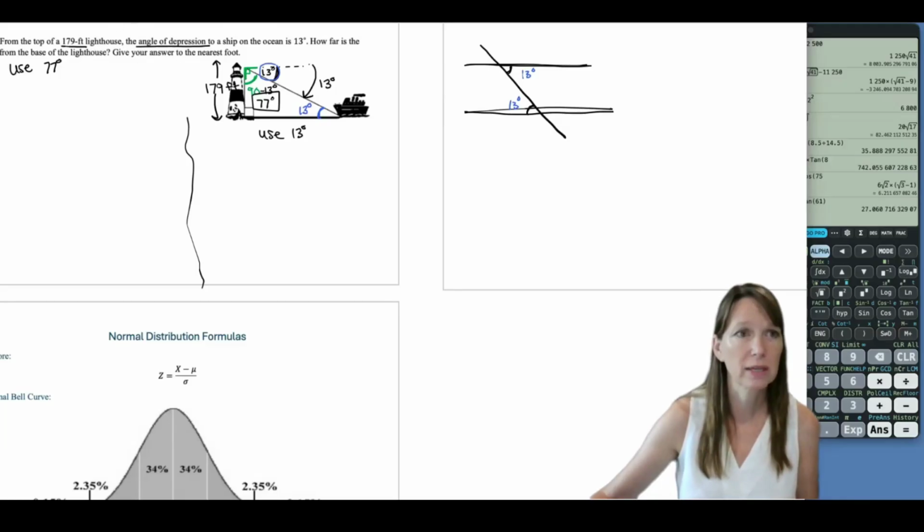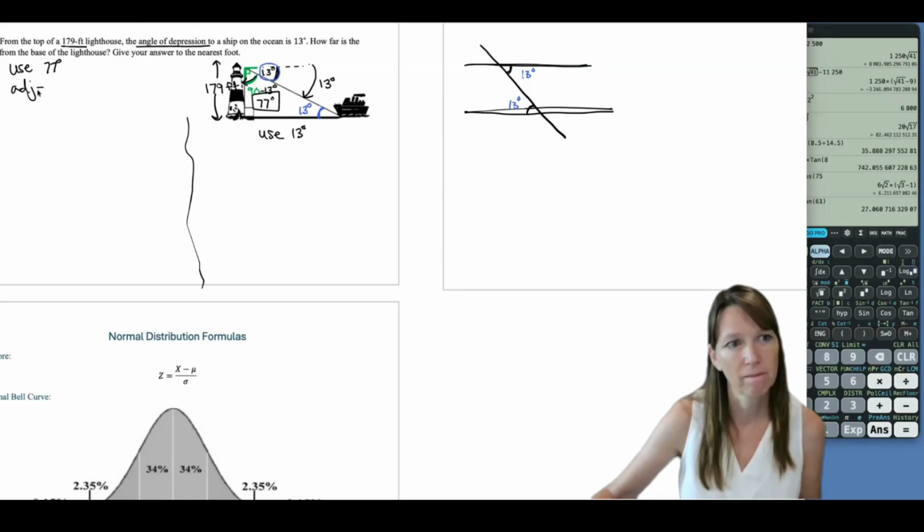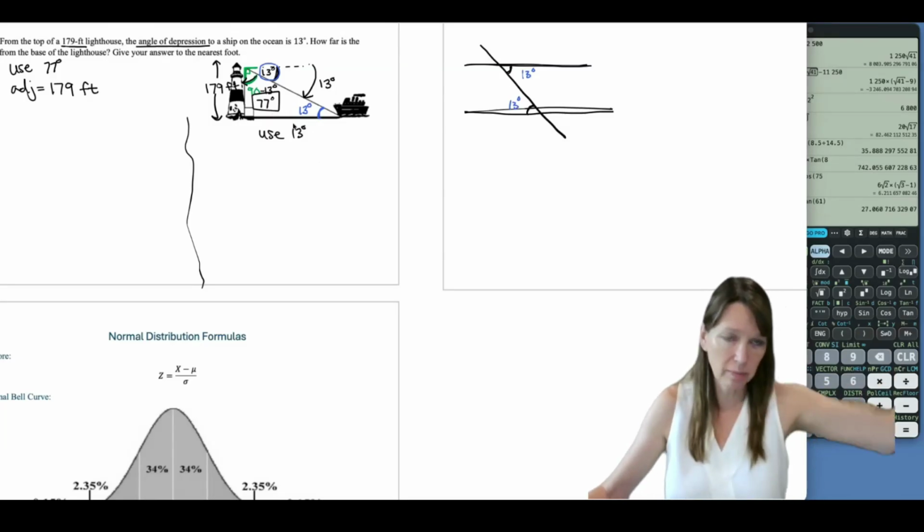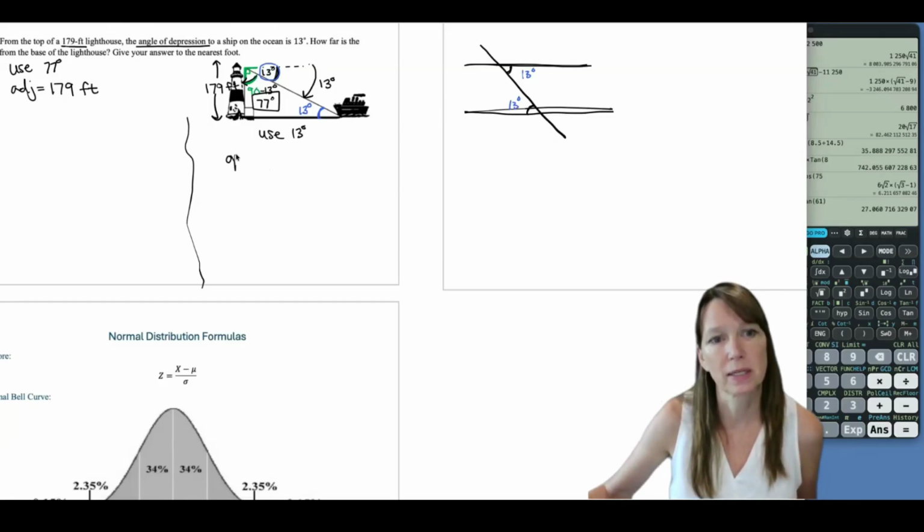So if I'm using 77, the 179 is sitting up against it, helping form it. And so that would be the adjacent is 179 feet. Whereas if I use the 13 degrees, the 179 feet is across from it. So the opposite would be 179 feet.